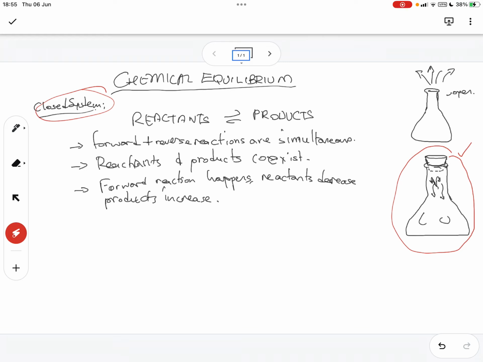So as the forward reaction happens, the rate at which the products are formed increases as the rate at which the reactants react to form the product.